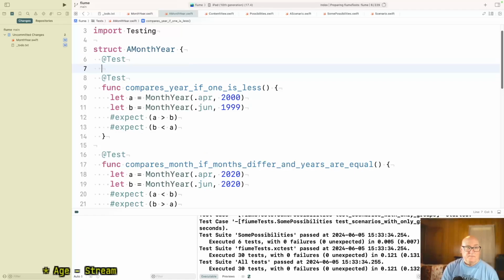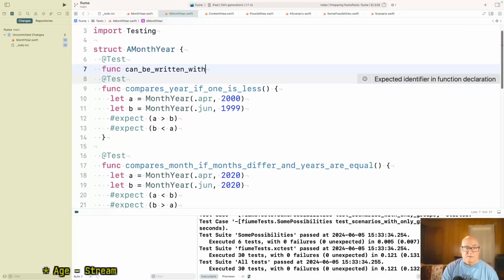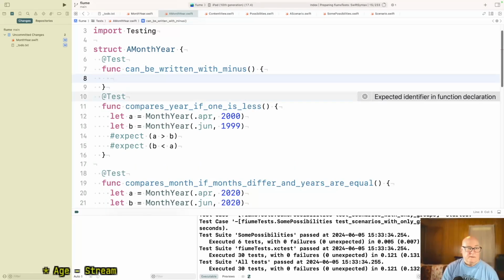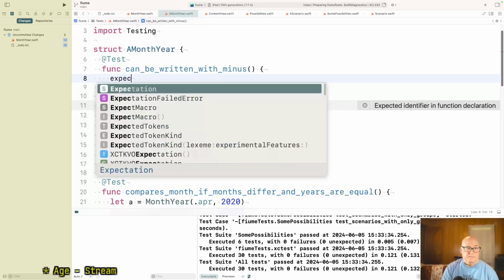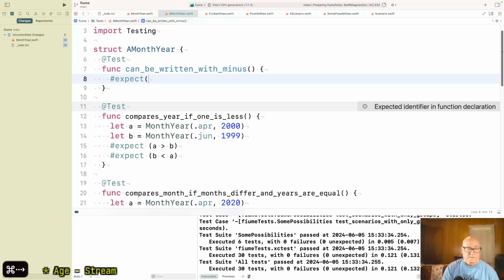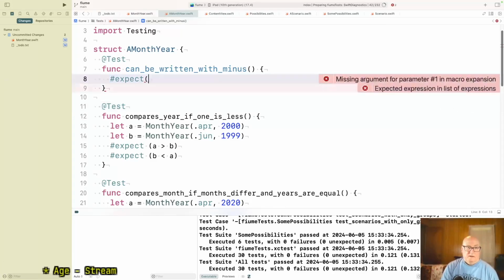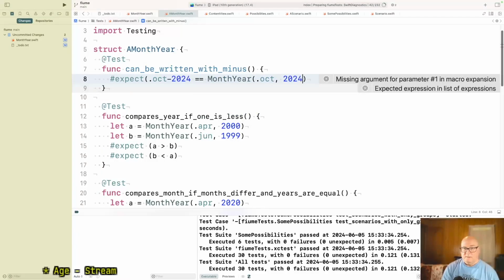A month year can be written with minus. October 2024 should be equal to month year 2024.